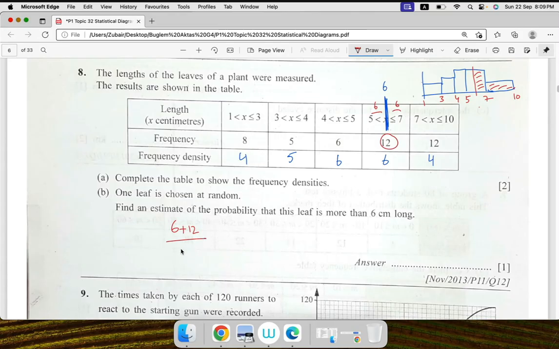I think I was getting 43: 8 plus 5 plus 6 plus 12 plus 12. I'm getting 43. You have to add this column, this row.